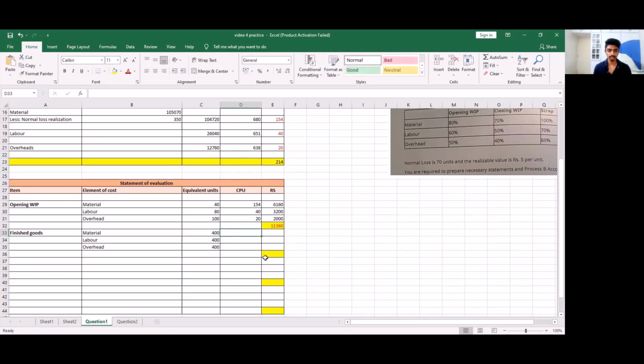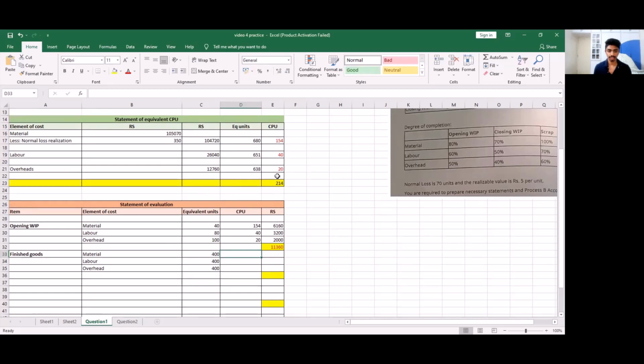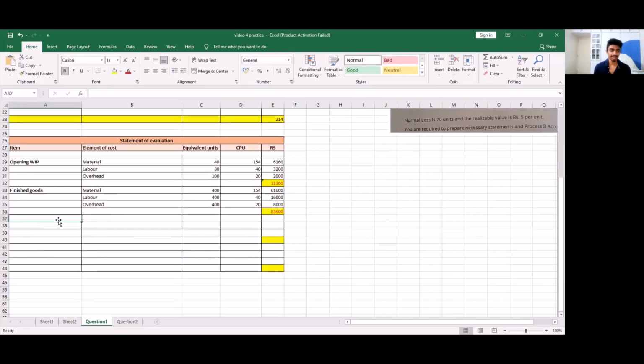The cost per unit will be 54, 40, and 20. So let me just fill these in: 54, 40, and 20. And to find the amount, I'm going to simply multiply 400, which is the quantity, into the cost per unit, 54.